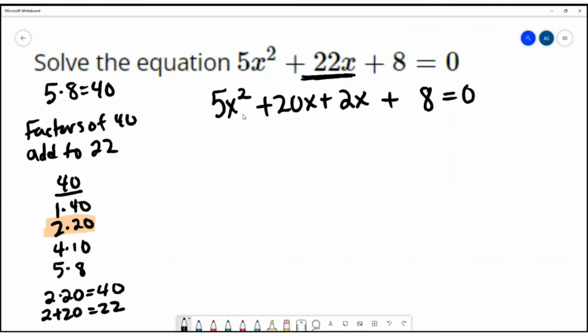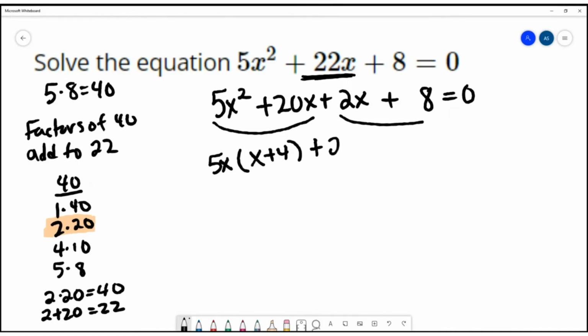So now we went from having 3 terms to having 4 terms. When we have 4 terms, we can factor by grouping. We're going to group two terms at a time together, and factor the greatest common factor out of each group. The greatest common factor with the first group is 5x, and I'm left with x plus 4. The greatest common factor out of the second group is 2, and I'm left with x plus 4.